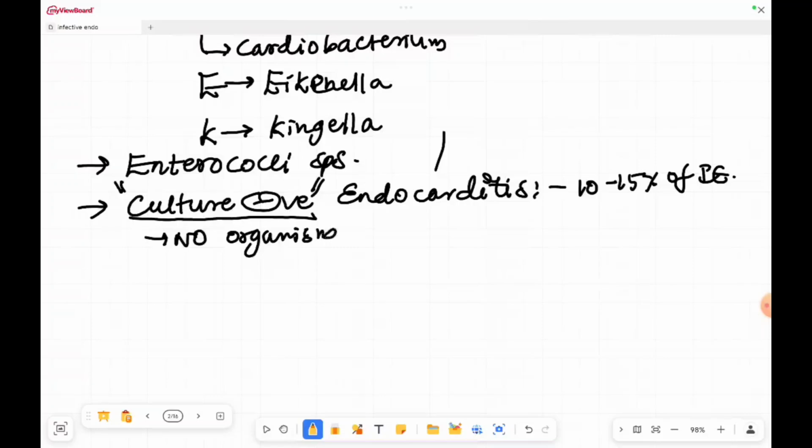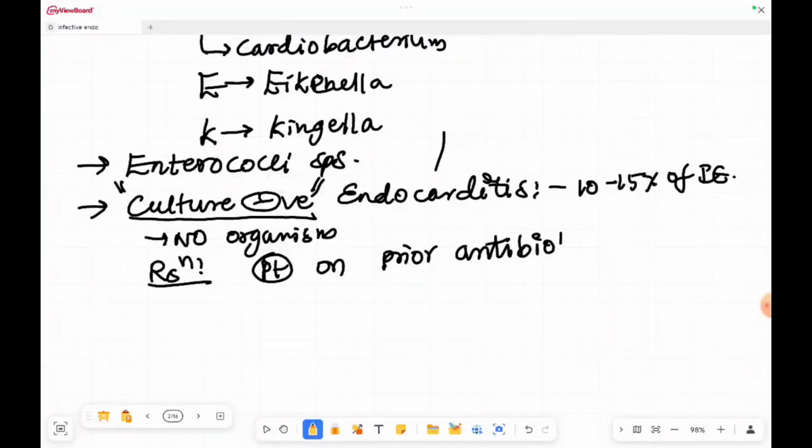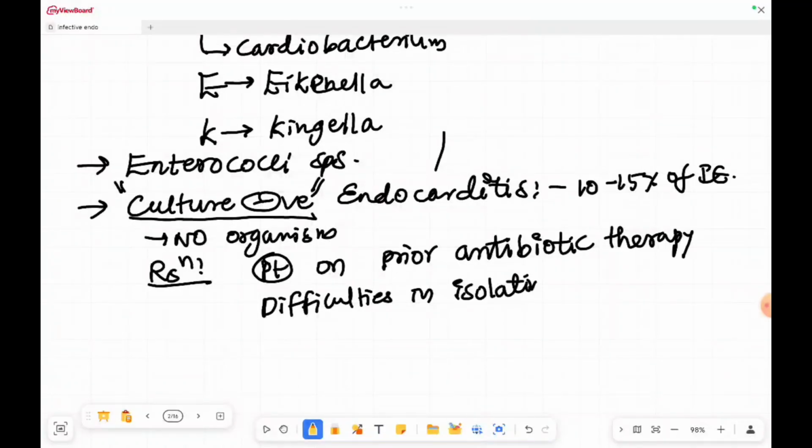When you search for the reason, the patient will be on prior antibiotic therapy, and there may be causes for difficulties in isolating the organism. So this is about culture negative endocarditis.